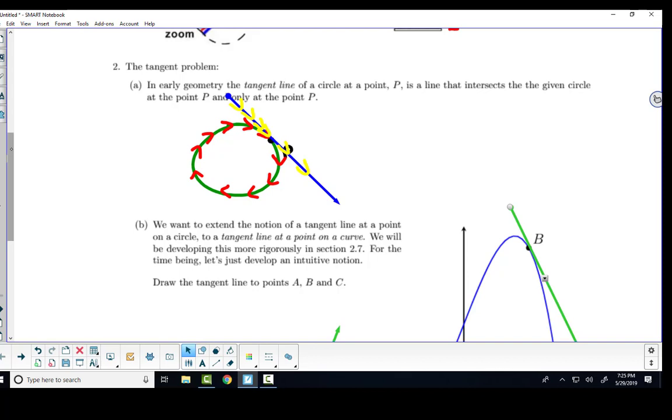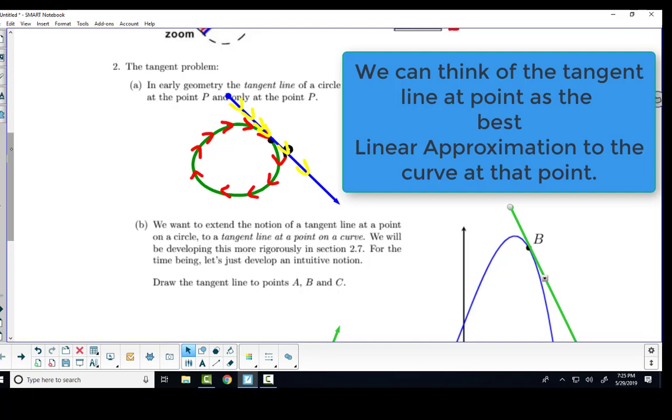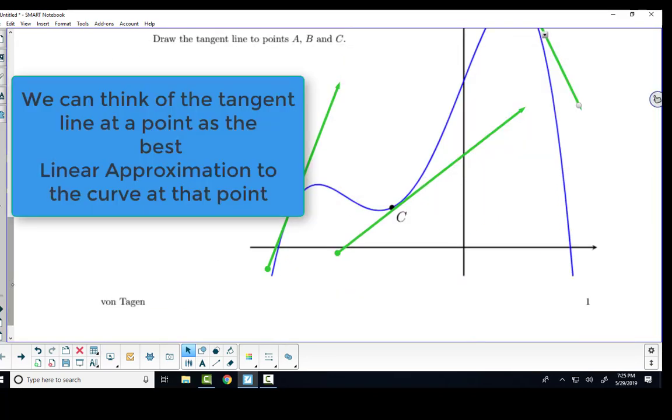But on a circle, it has the property that the tangent line only intersects the curve once. But that is particular to a circle. Okay? Not necessarily every other curve. And just to keep that in mind, this curve at C intersected the line more than once. Okay? All right.